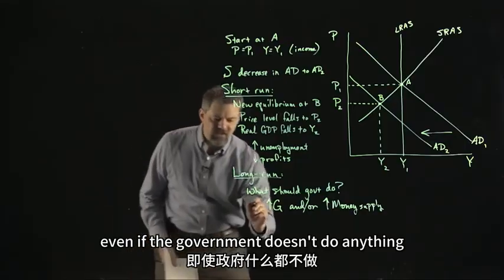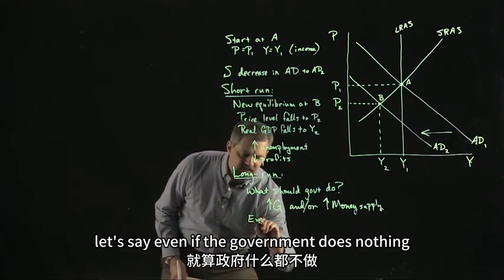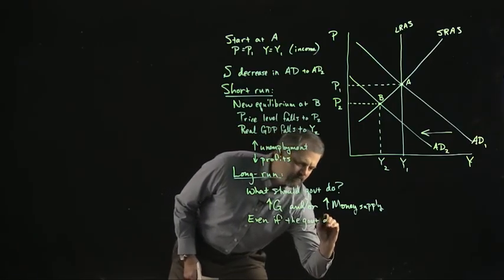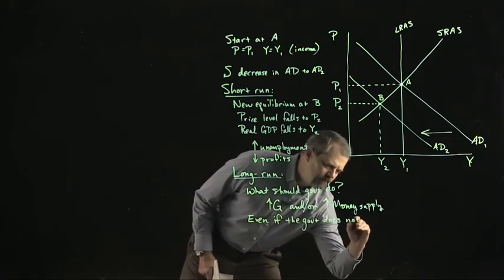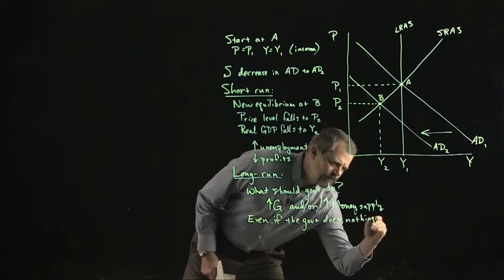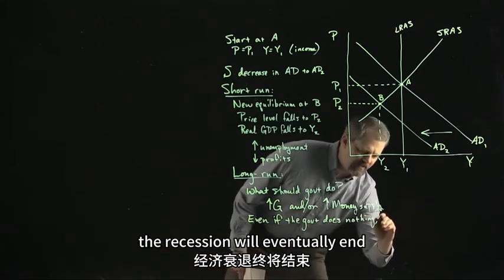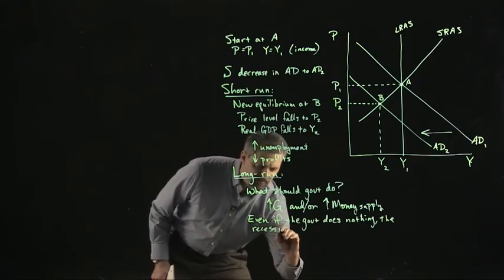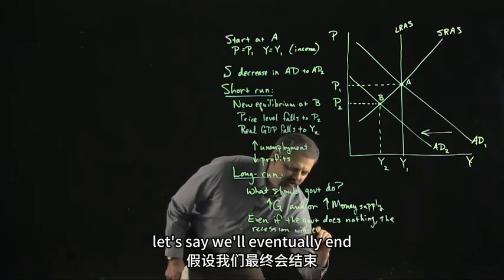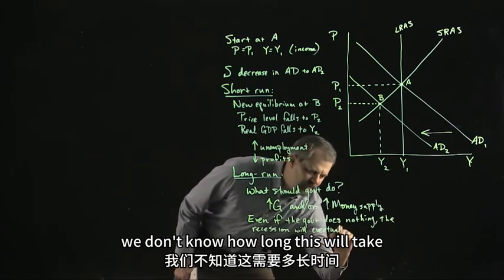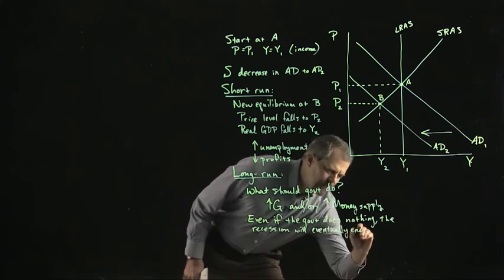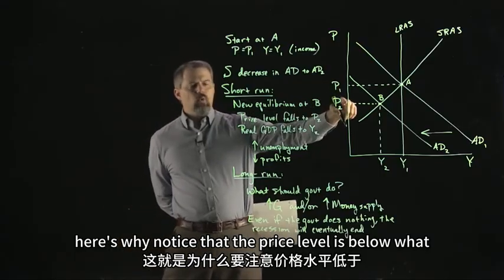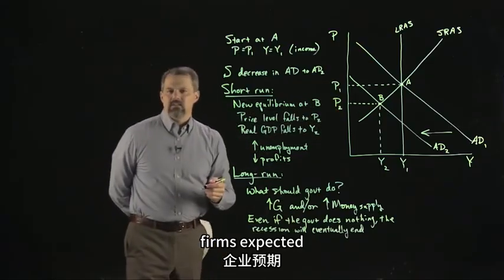Even if the government does nothing, the recession will eventually end. And here's why. We don't know how long this will take. Notice that the price level is below what firms expected.